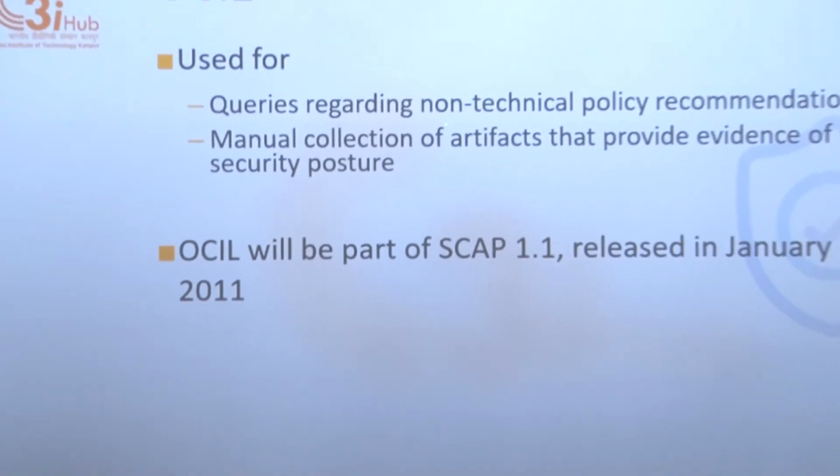A lot of things happen, and you have to ask these questions to the personnel about their security practices when you are figuring out the security posture of that organization. So, OCIL is a language that was designed for that, and it is for non-technical policy issues.